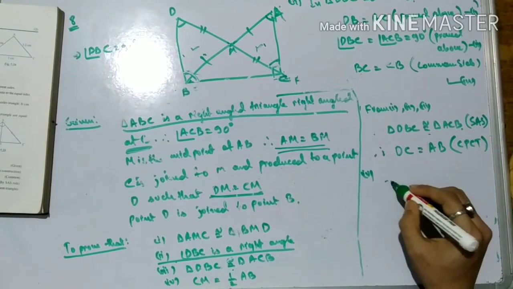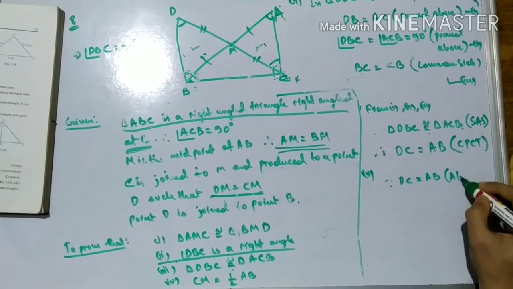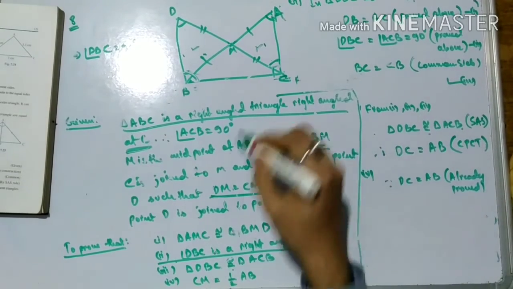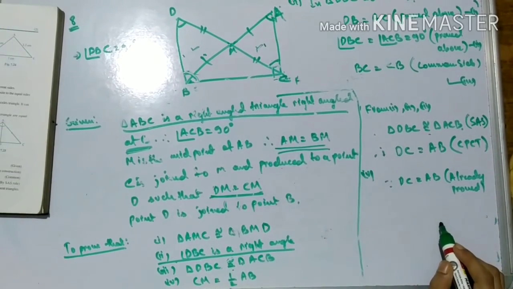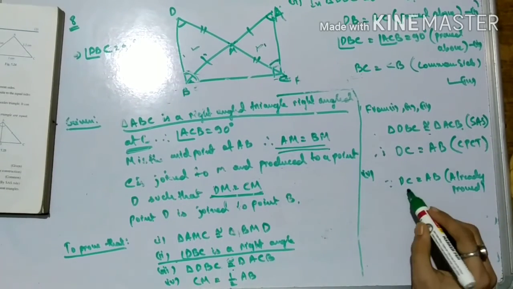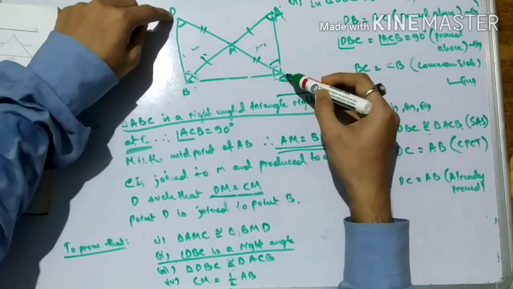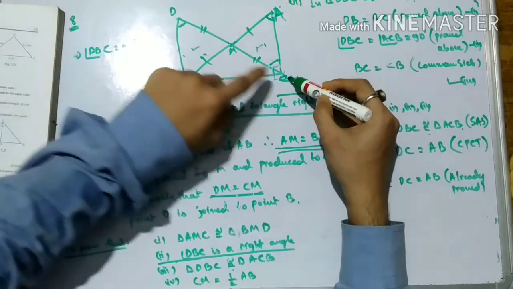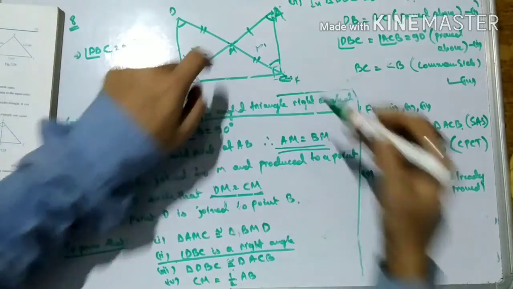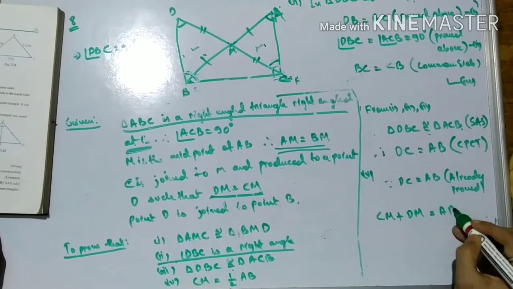Now I will write, since DC equals AB, already proved. DC I can write as CM plus DM, equals AB.